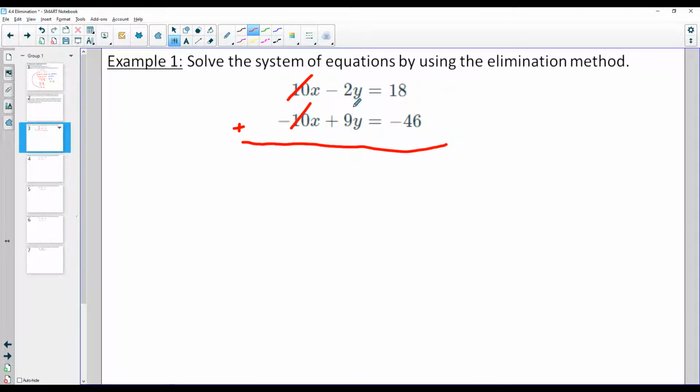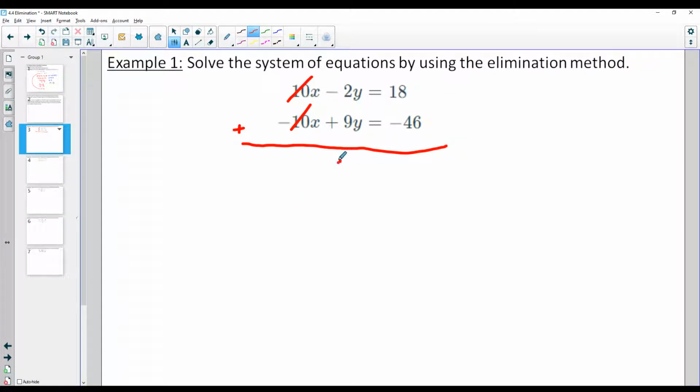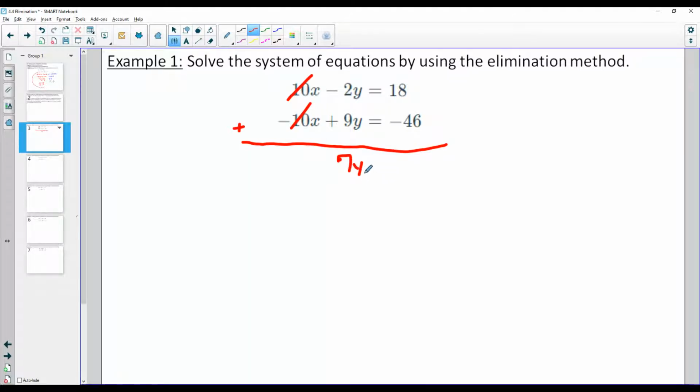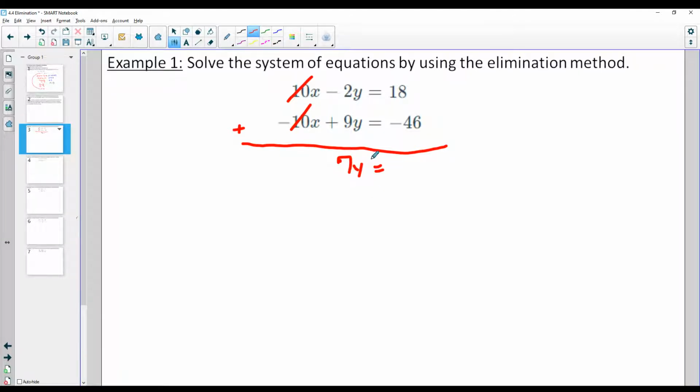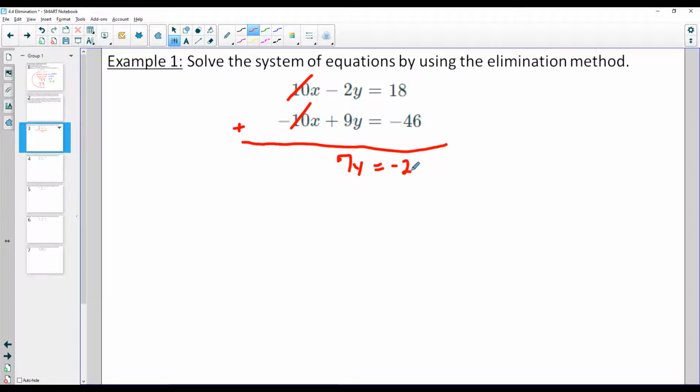Then I have negative 2y plus 9y, which is 7y. And here, I get negative 46 plus 18, which is negative 28. Divide by 7, divide by 7, and we get y equals negative 4.